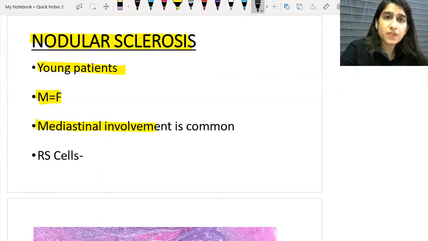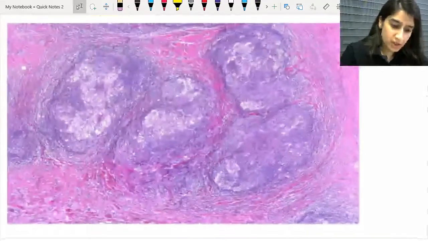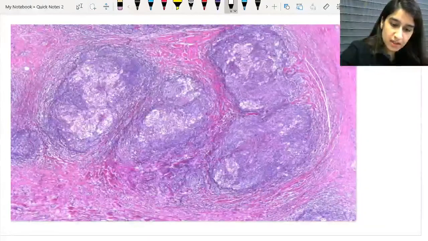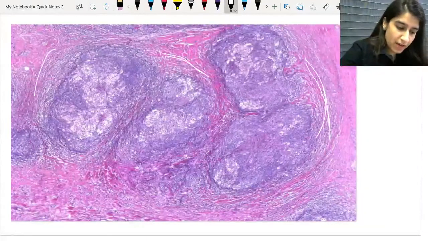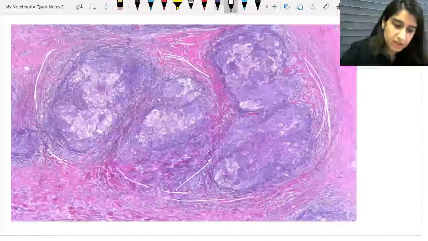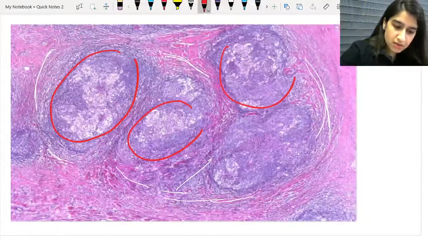And this feature we can very well appreciate even in the lower magnification power. Okay, now look at this picture. We can clearly appreciate these eosinophilic collagen bundles, and these are our nodules.